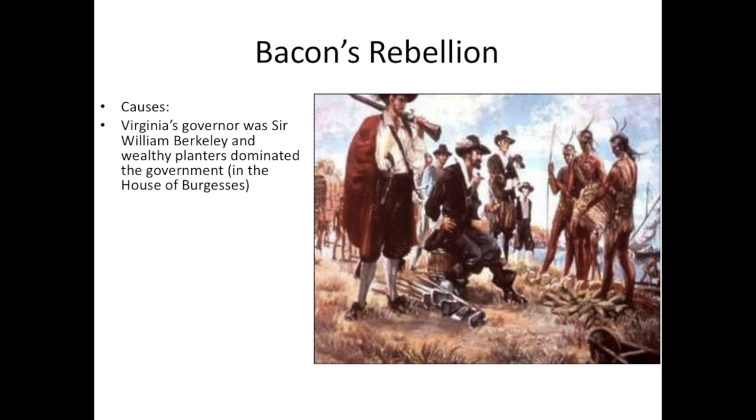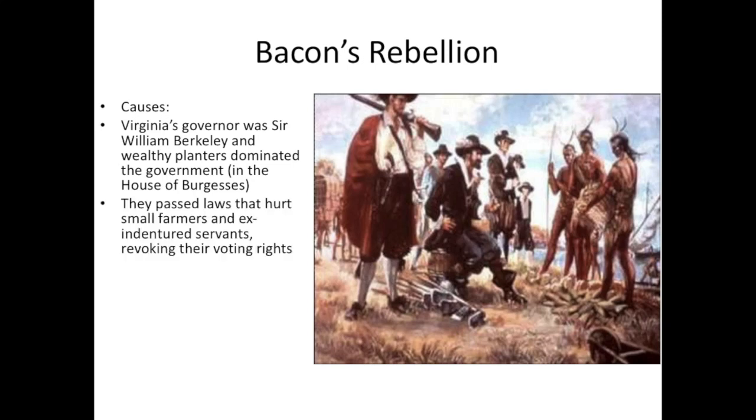And basically, the wealthy planters got to vote their own people into government or serve in government themselves. And they basically passed laws that benefited them and not everybody else. Now, one of the things that they did is that they are going to basically pass laws, like I just said, that benefit themselves but hurt the small farmers, hurt indentured servants, and in fact, eventually they start to restrict voting rights to the point where you had to basically be super rich and own a ton of land in order to vote.